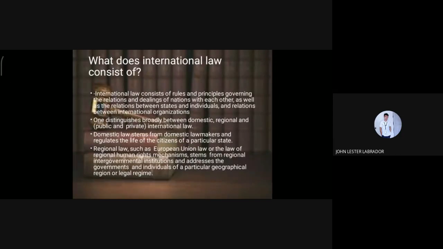One distinguishes broadly between domestic, regional, and public and private international law. Domestic law stems from domestic lawmakers and regulates the life of the citizens.